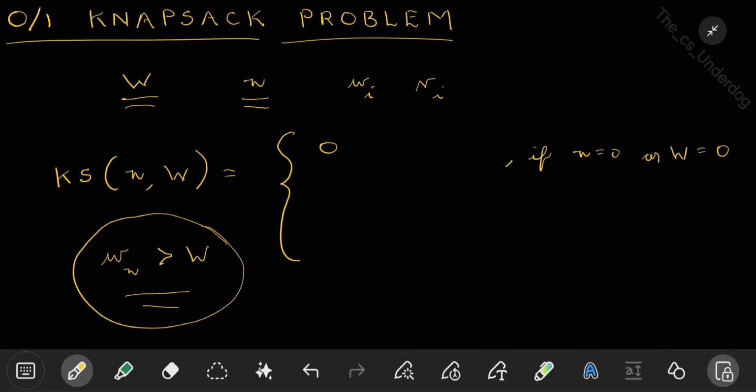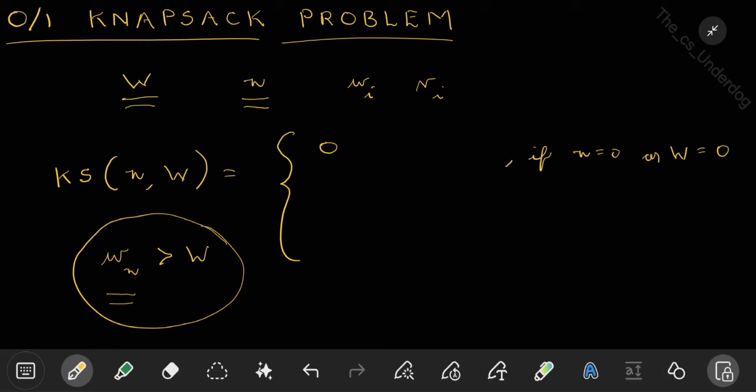So you have to insert other n minus 1 items and make some profit, which means your total profit is purely dependent on the remaining n minus 1 items and not on the nth item, because the weight of the nth item is more than the total capacity of your knapsack.